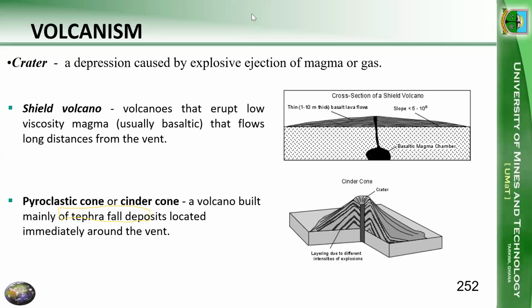The pyroclastic cone or cinder cone is a volcano built mainly of tephra fall deposits located immediately around the vents. Then there's the shield volcano.